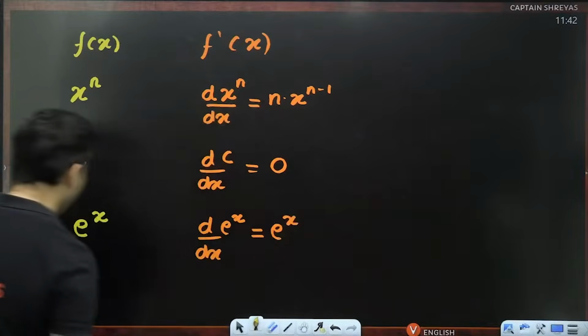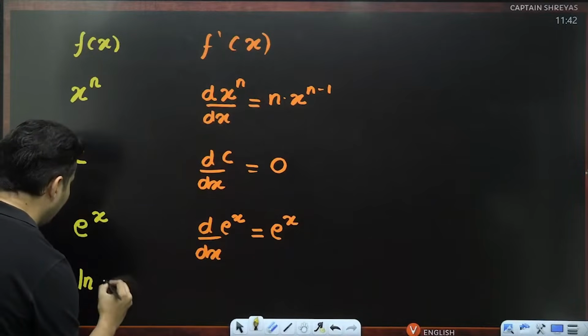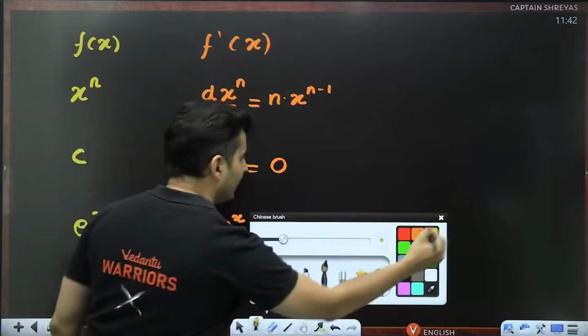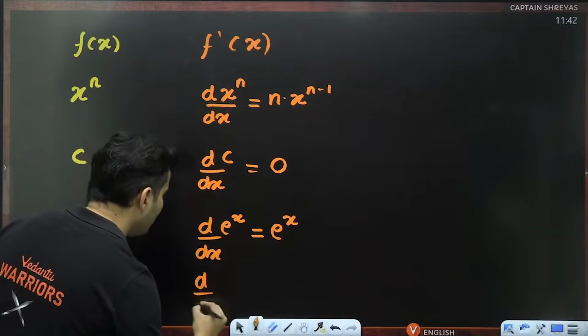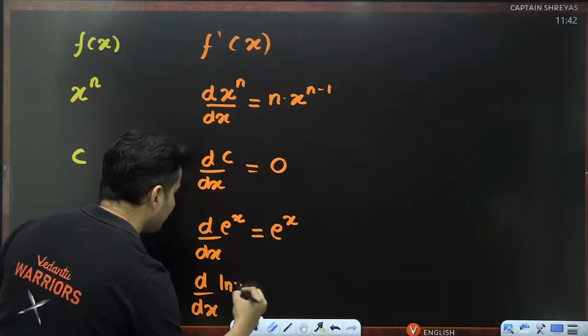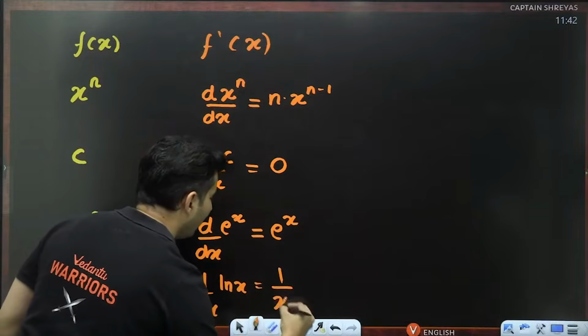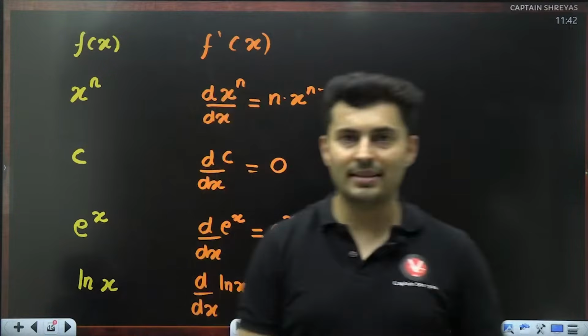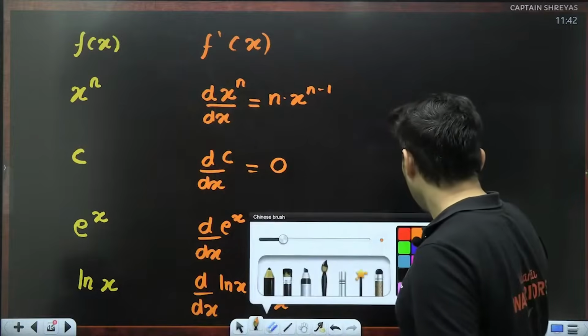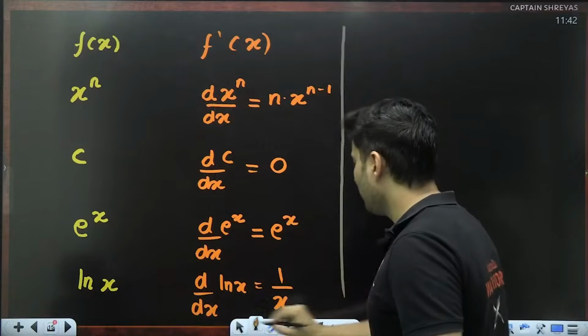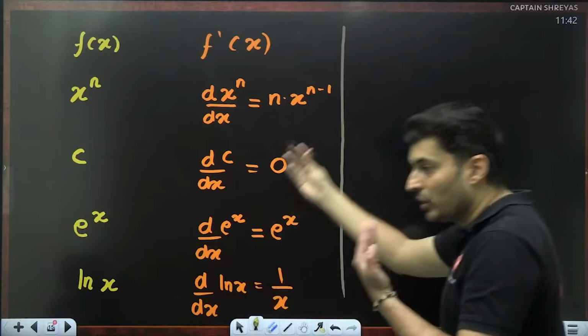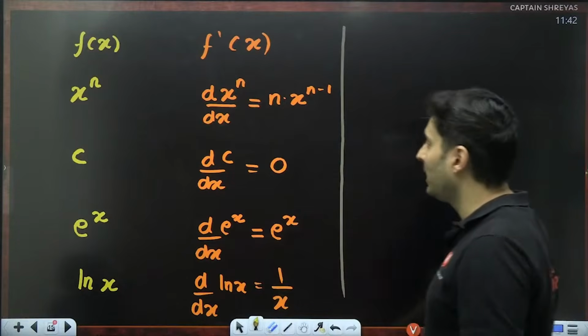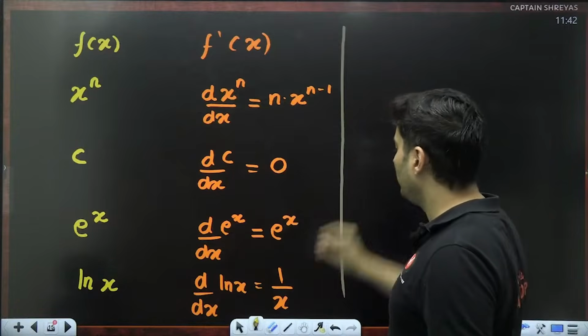Similarly, if I have ln x, then d by dx of ln x comes out as 1 by x. Continuing this process further, I'm just giving you some basic formulas. We are going to see the application of it. Don't worry, just for now, look at the formulas.